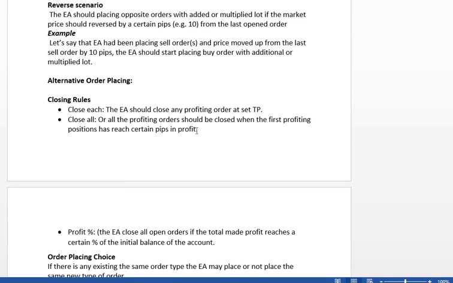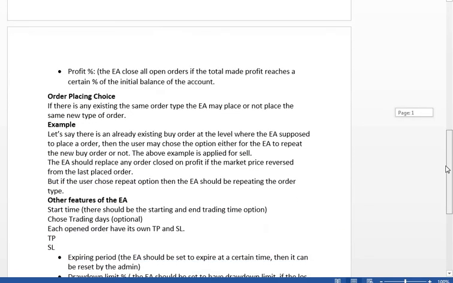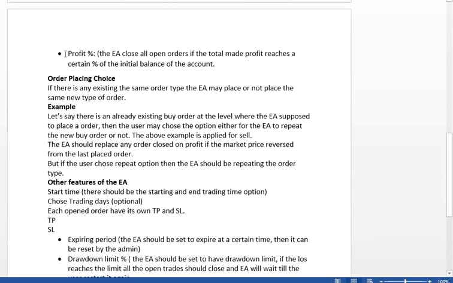and leave the sell orders or the buying positions that are not making profit at that moment until they start making profit to close all. But alternatively, again, there is profit percentage. The EA closes all open orders if the total profit made reaches a certain percentage of the initial balance of the account.